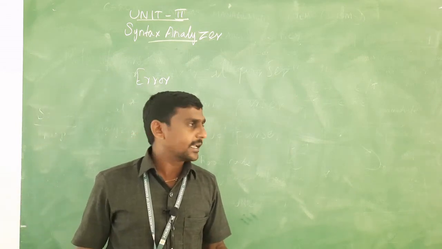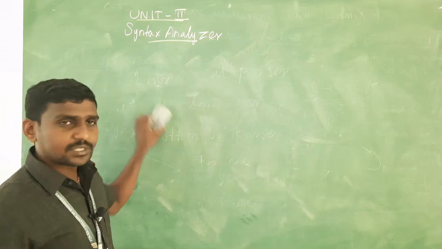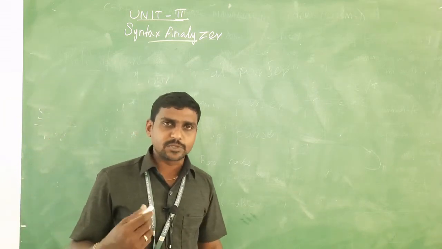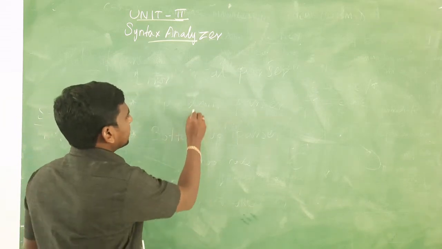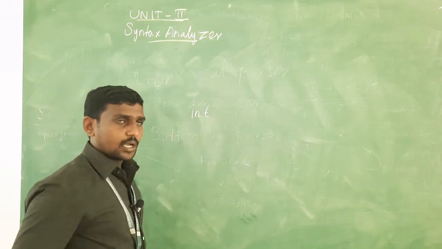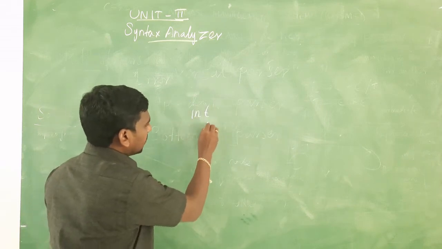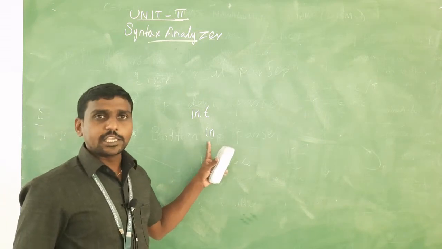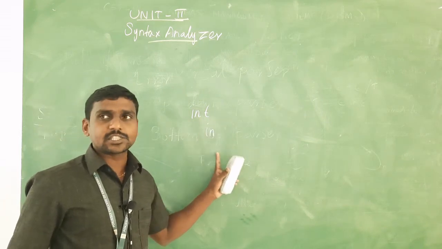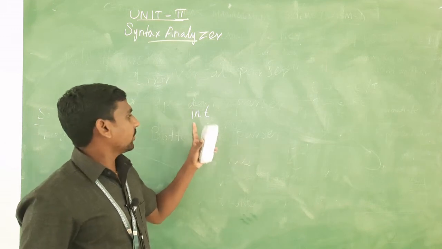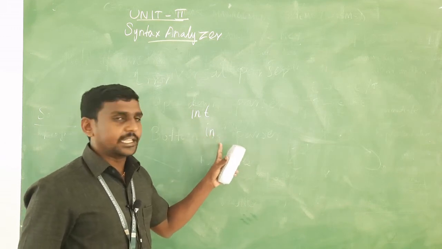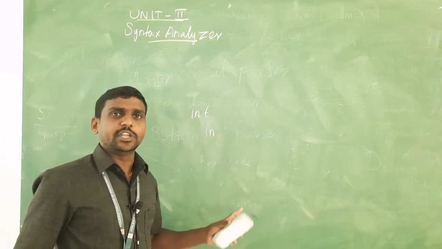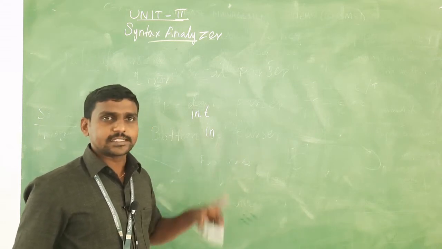One way we get an error is an ordinary spelling mistake. The programmer may manually put some spelling mistake. For example, instead of int, the programmer may write in. Int is a keyword, but in is not a keyword. So if the programmer unfortunately writes in, it is an error, because it is an invalid keyword.